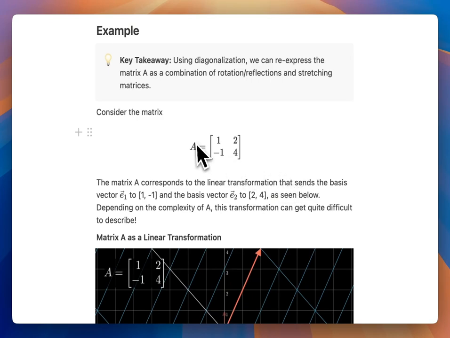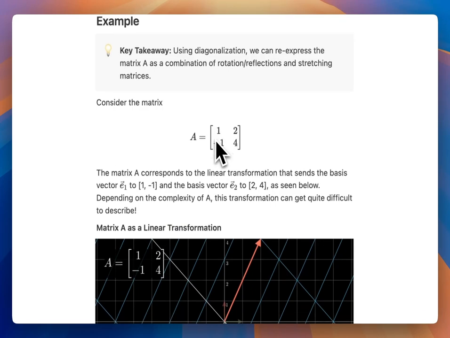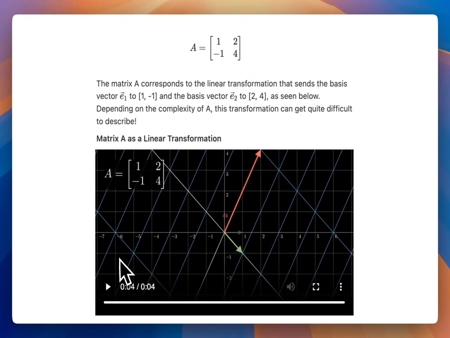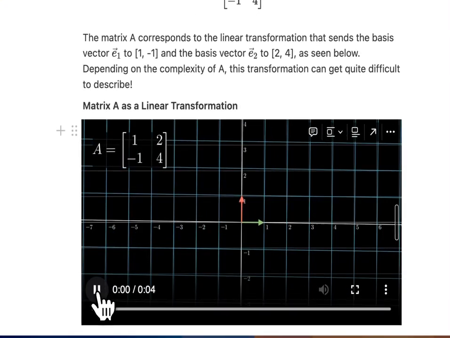So here we have the matrix A, and with diagonalization, we're going to re-express this transformation as a combination of rotation, reflection, and stretching matrices. So first of all, this matrix A here corresponds to the following transformation.